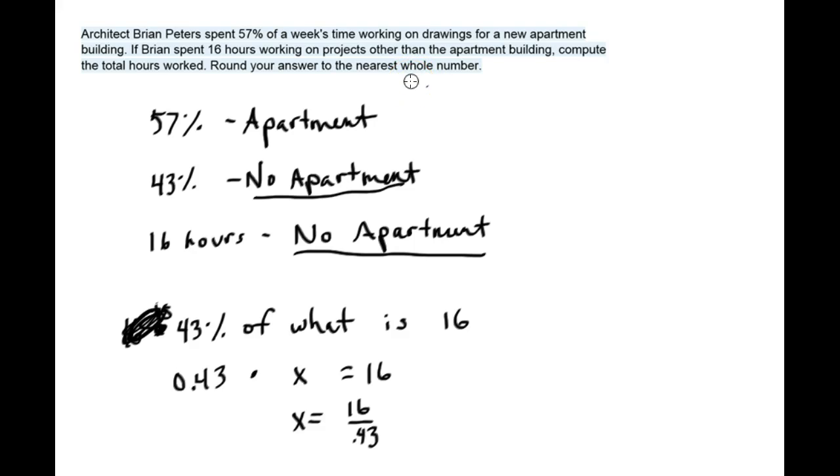So let's go ahead and put 37.2, or 37. There we go. There's our solution.